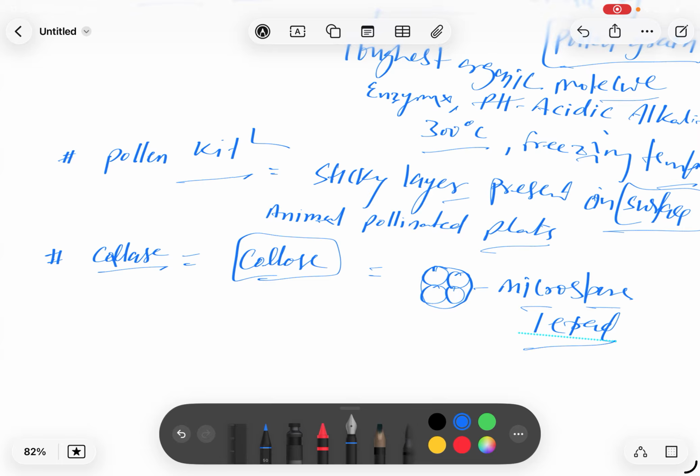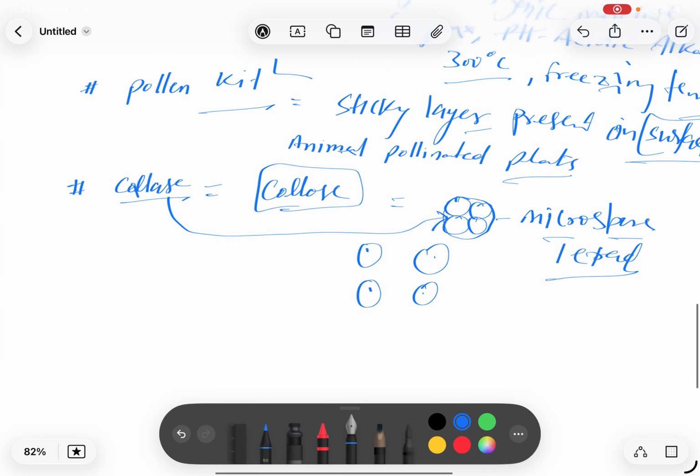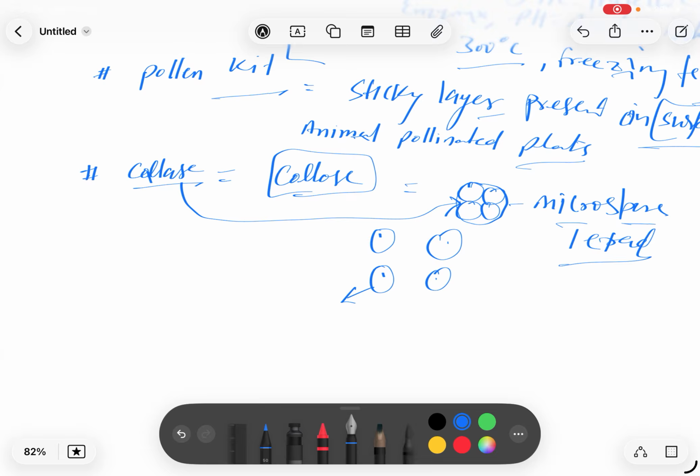So this callase enzyme digests this callose and separates the microspores. These microspores further divide and develop into pollen grains.